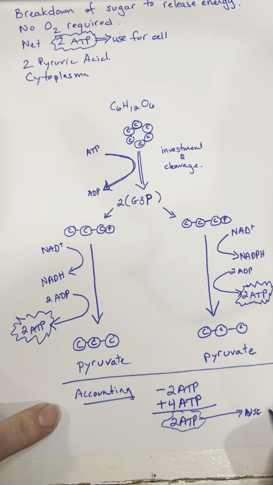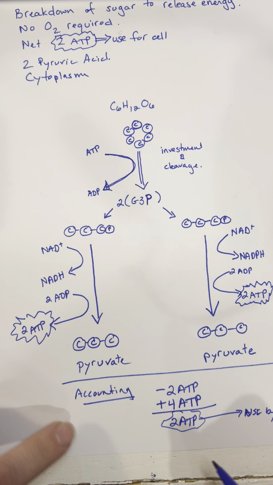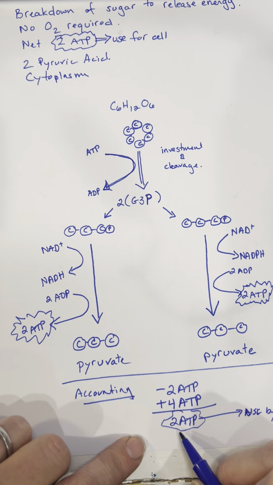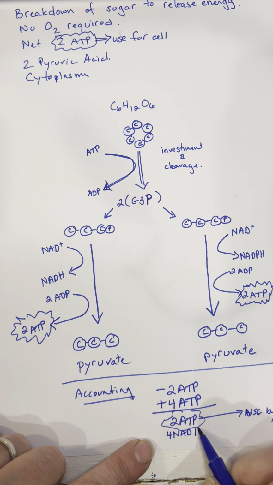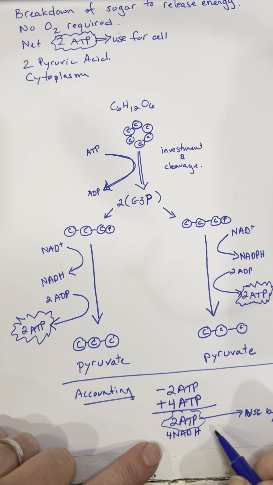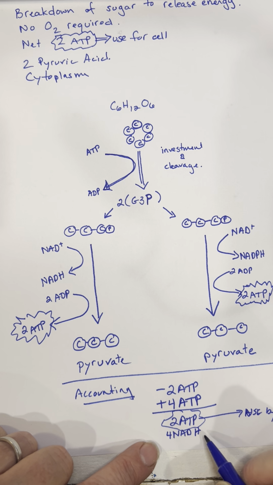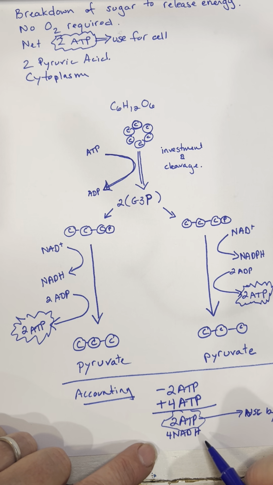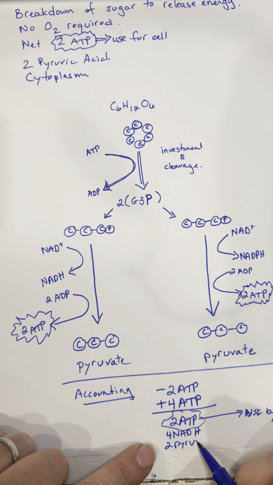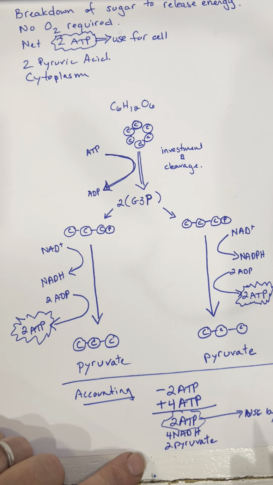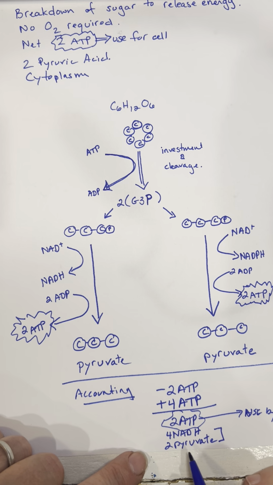We are also left with 4 NADH, which have energy left to them, but they are not by themselves going to be the currency of energy. They're not going to be usable energy. And we also have 2 pyruvate, and the pyruvate actually are packed with a lot of stored energy still. So these molecules right here, depending on whether we're going to go down an aerobic path or an anaerobic path, it changes where they're going to go.